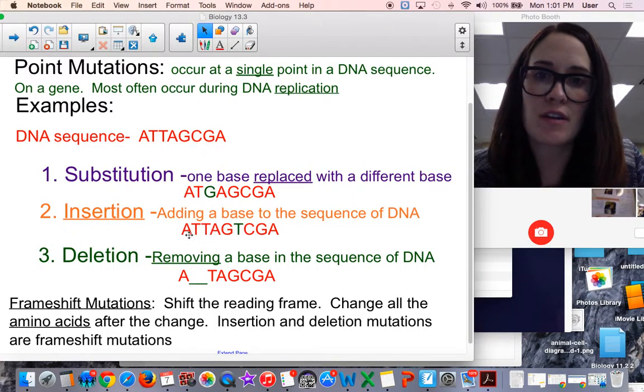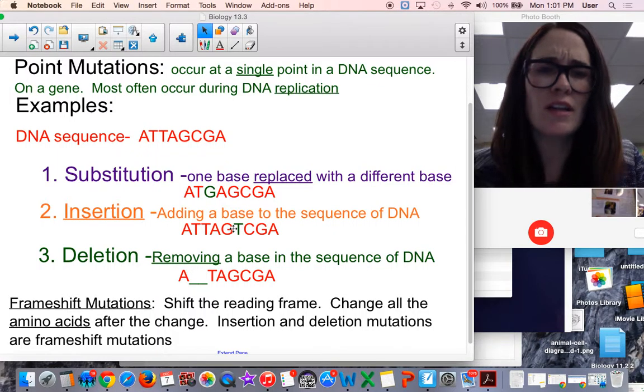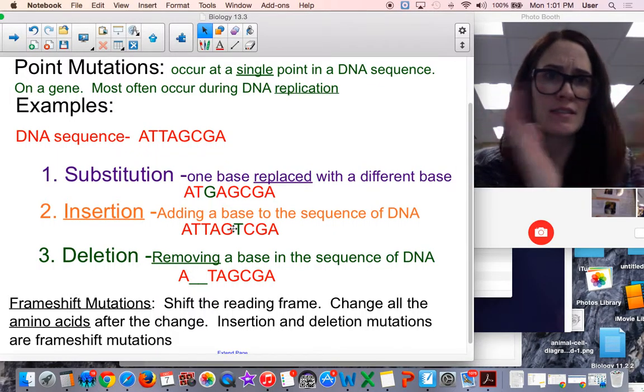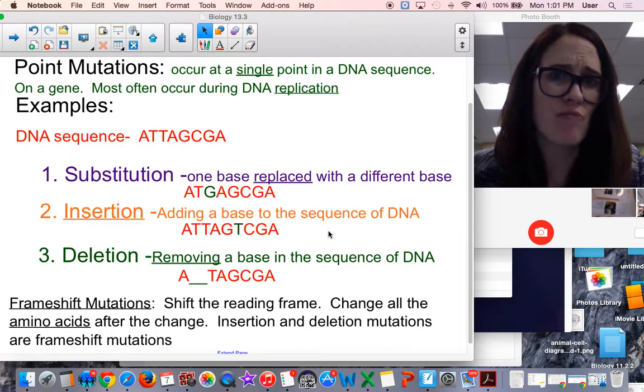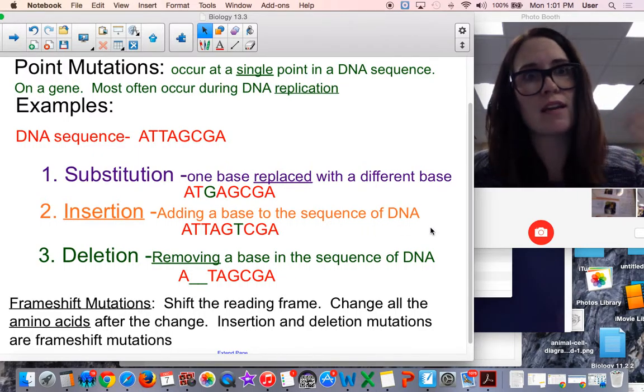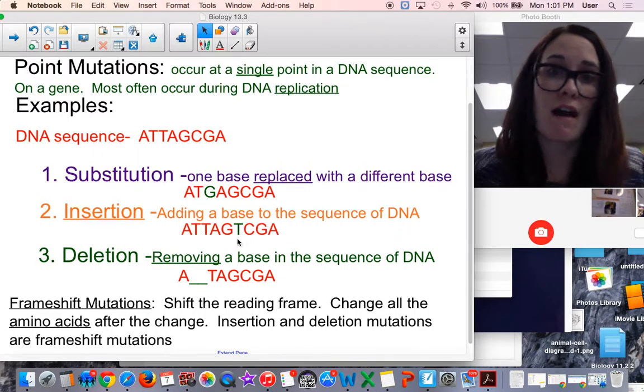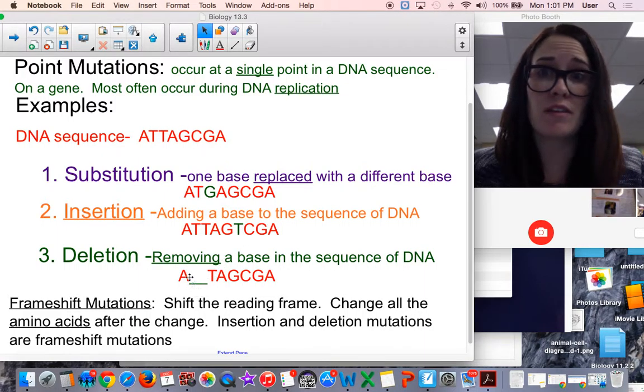In insertion, we read it ATT, three at a time, AGT, okay? When they're transcribed to RNA, we totally shift the reading frame down to the right if you add a base. It totally changes the reading of the instructions after you insert a base. Same if you delete a base.